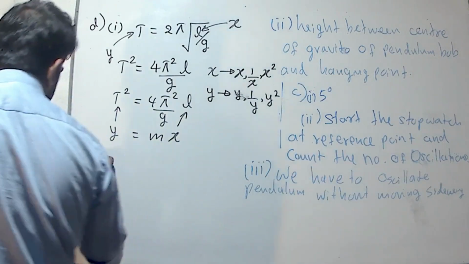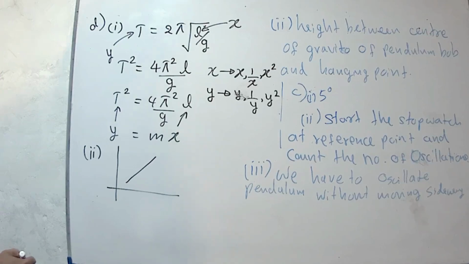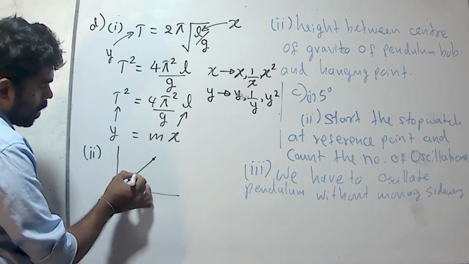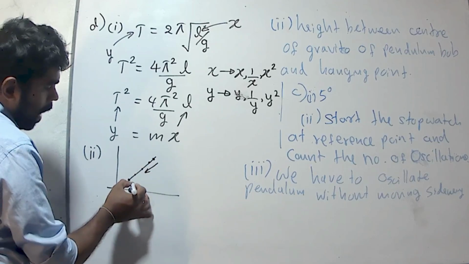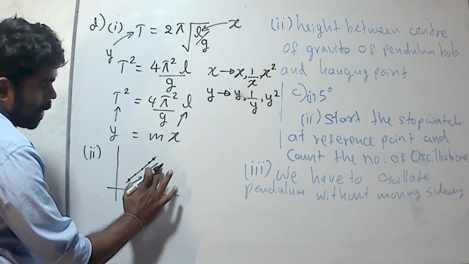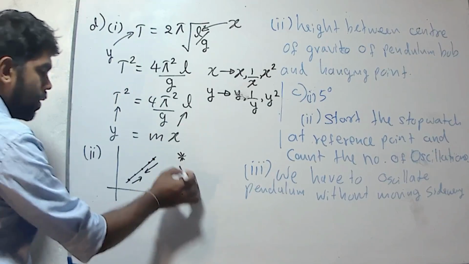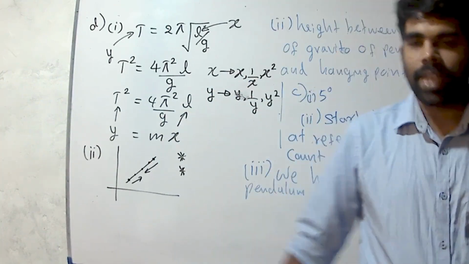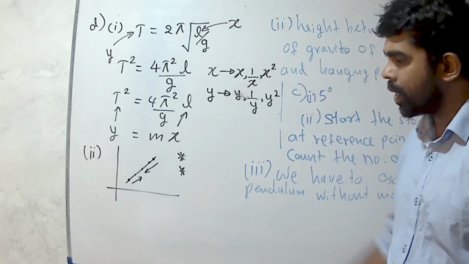First one is, considered coordinates should be between mark points. If these are mark points, we have to consider coordinates between this minimum and maximum point. Then second one, we have to select coordinates such that we can read x and y values clearly.